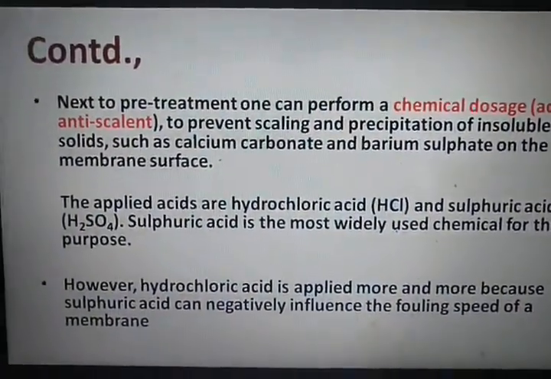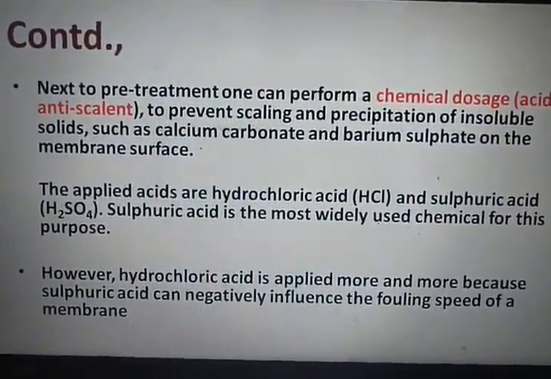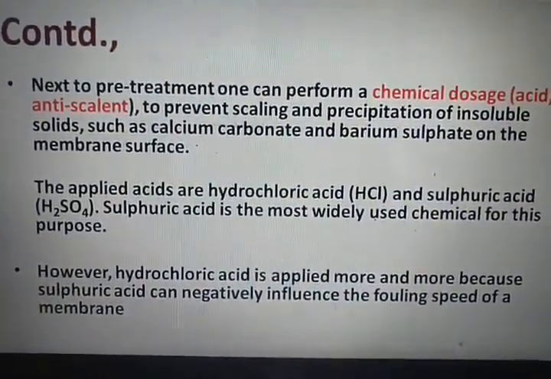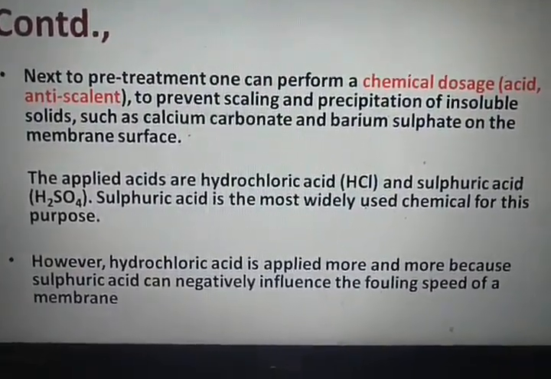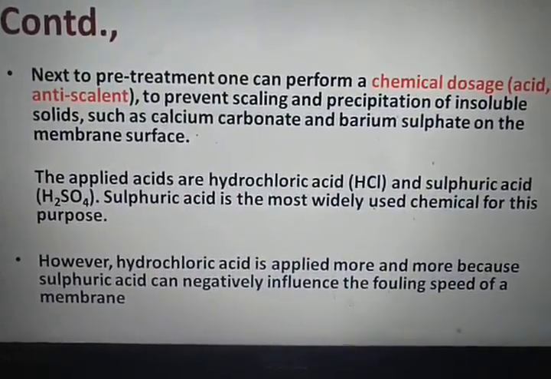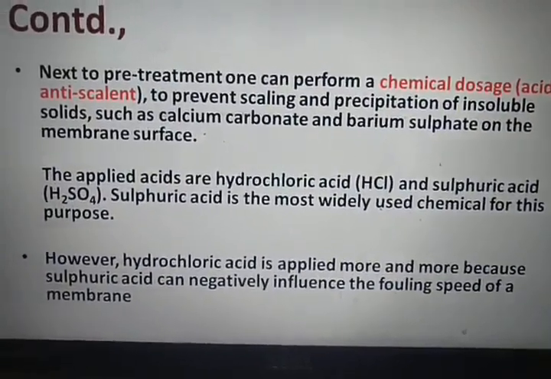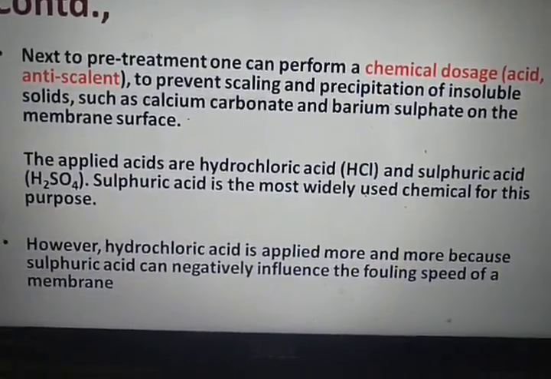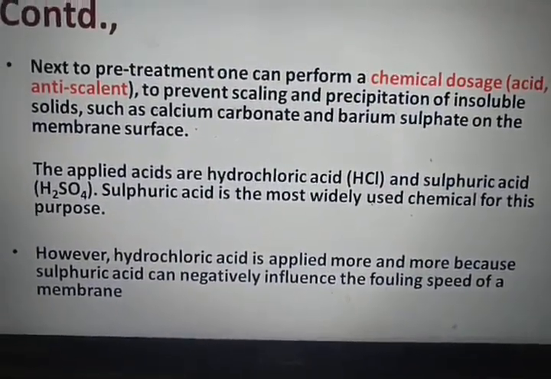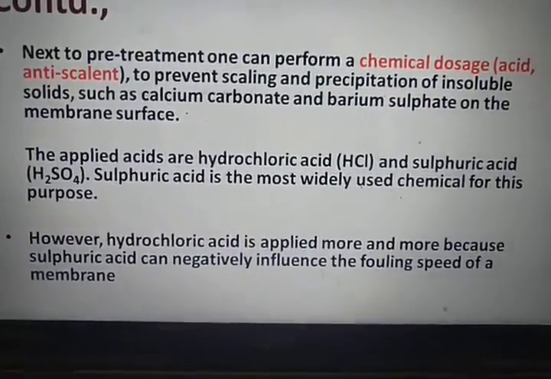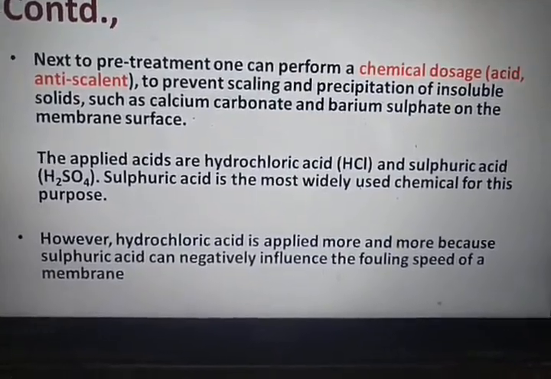To reduce or remove the scaling, we apply strong acids like HCl and sulfuric acid (H2SO4) for anti-scaling. They act as anti-scalant, that is, they will not allow the formation of scales on the membrane. Normally sulfuric acid is the most used chemical for anti-scaling. However, HCl is applied more and more because sulfuric acid can negatively influence the fouling speed of a membrane. So based on the membrane characteristics, we can use HCl or H2SO4.